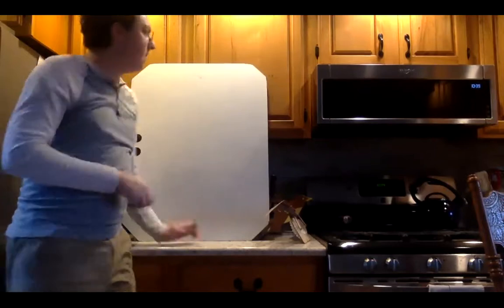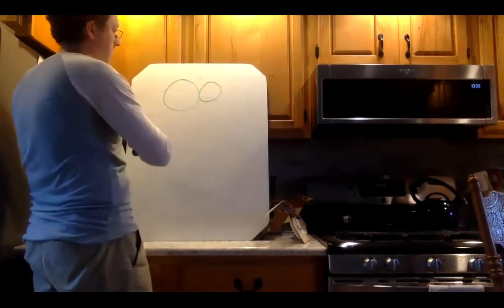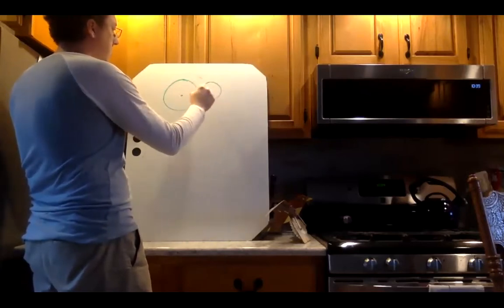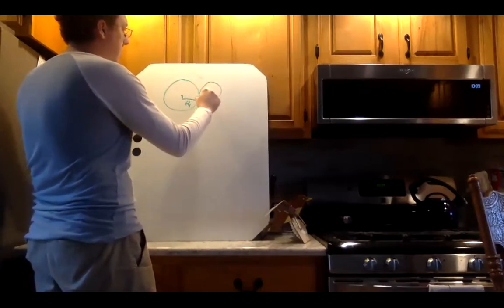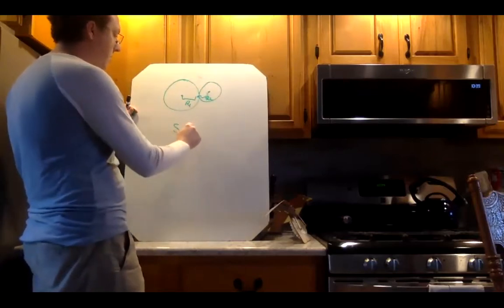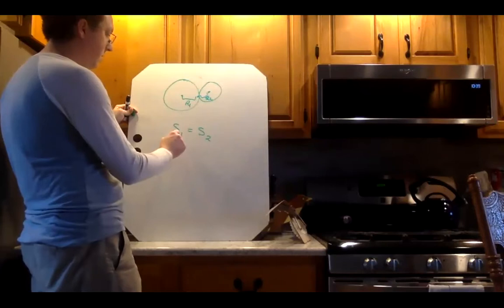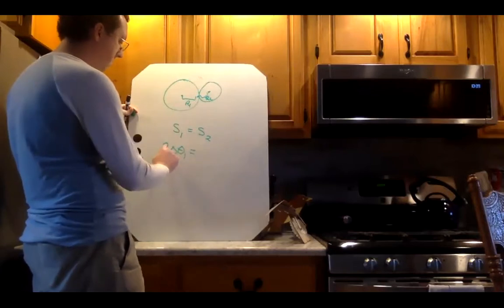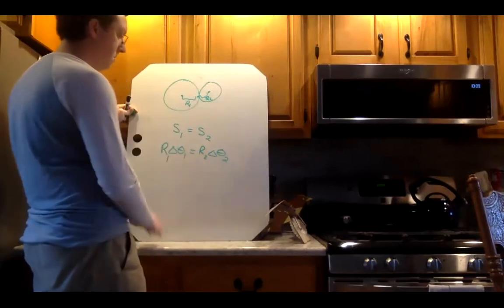So if I have two gears with radius R1 and radius R2, I know that the distance traveled by one equals the distance traveled by two, which tells me that R1 times change in theta 1 is R2 times the change in theta 2.